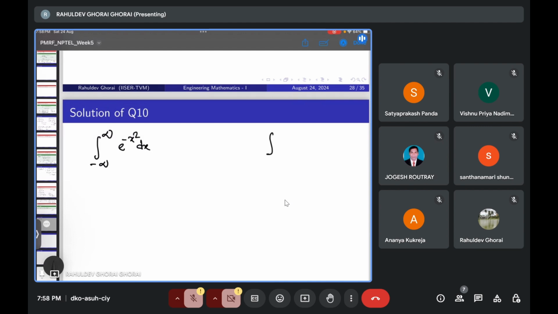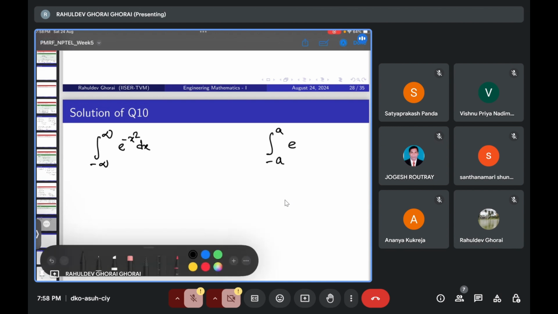So do you know that the integral from minus a to a of f(x) dx is equal to 2 times the integral from 0 to a of f(x) dx if f is even? Do you know this result?